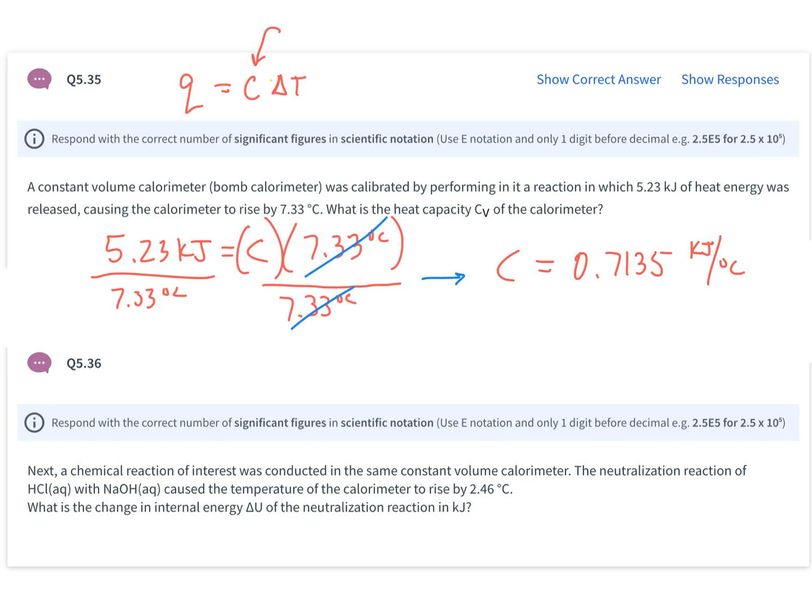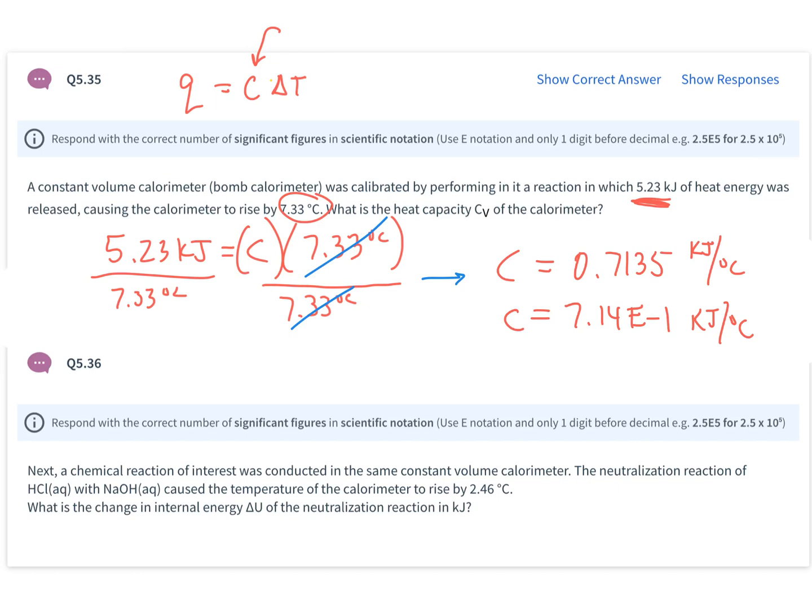For significant figures, I would report this answer to 3 significant figures based on the measurements given. So I would report this as 7.14 e to the negative 1 kilojoules per degree Celsius. That's the heat capacity of the calorimeter.